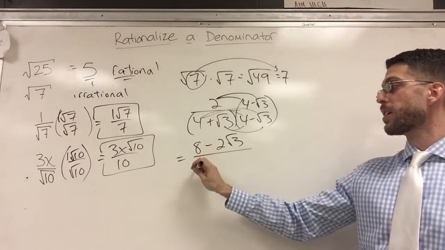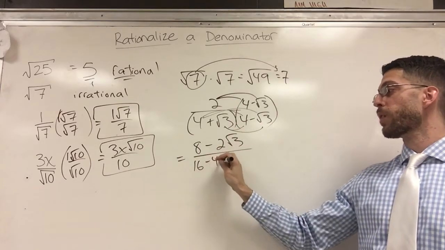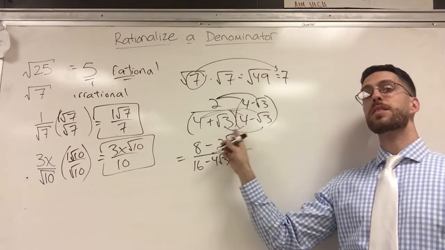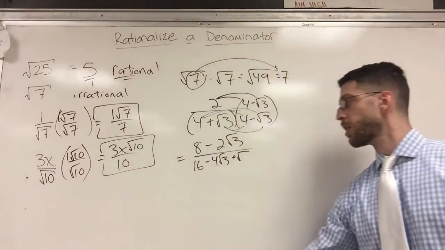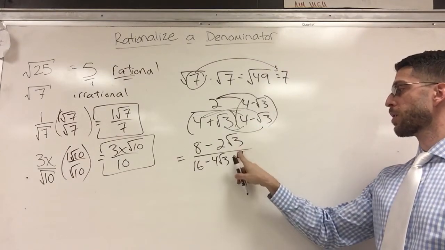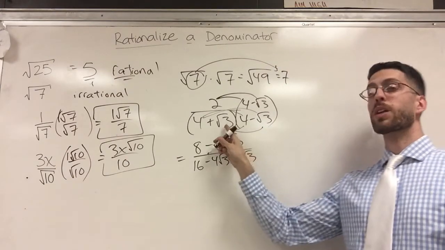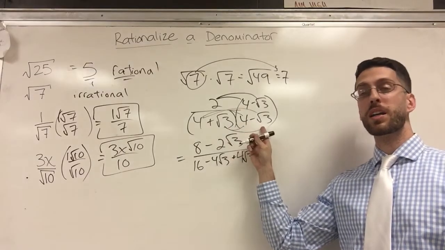So I got 16, 4 times 4 is 16, 4 times negative radical 3 is negative 4 radical 3, positive 4 radical 3 from the inner, and then radical 3 times negative radical 3 is negative radical 9.